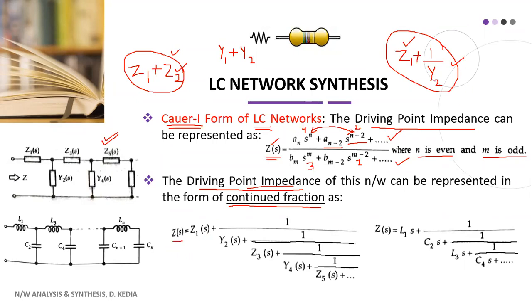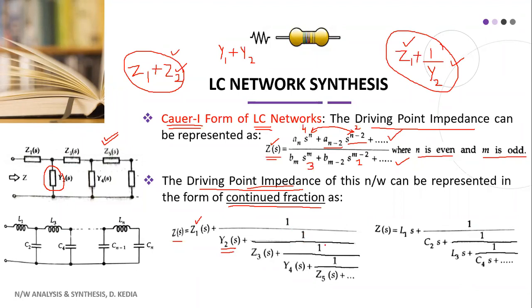You can see that Z(s) is Z1(s) plus, now we have a parallel arm, so your parallel arm will be represented as 1 by this one, Y2. Now since our network is continuing, Z1 plus 1 by Y2 plus, then series has come, so again inversion, and we will have 1 by Z3.